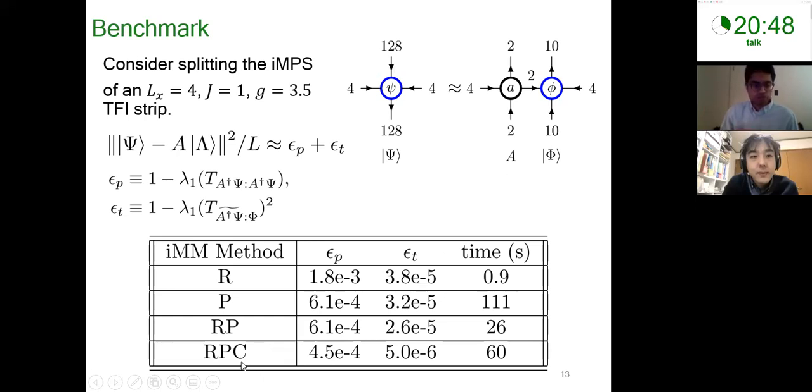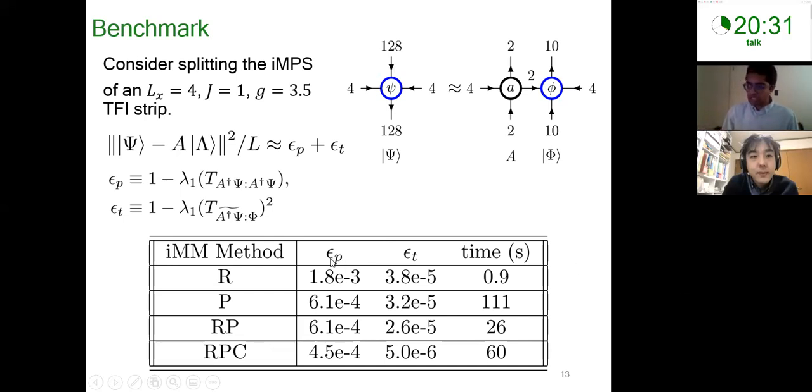We note that the conjugate gradient procedure, which I didn't go into any details here, is variationally optimal, so this would be the golden standard of splitting algorithms, but as we see from this table, it doesn't actually end up being necessary the majority of the time.